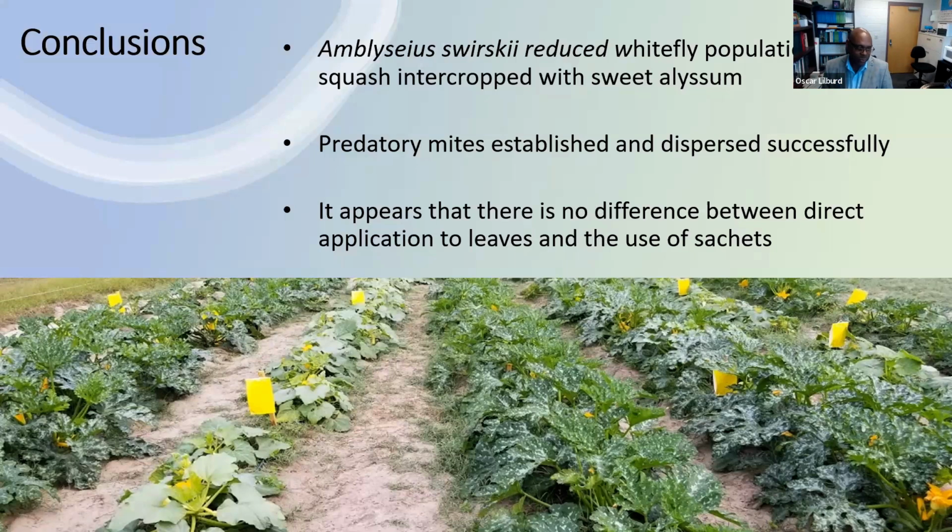That was kind of surprising to us because we thought that the aroma from the Silverleaf and also the attractiveness of the flowers would harbor predatory mites, but that wasn't the case. We didn't find that to be the case. And that was interesting when we were looking at that effect.